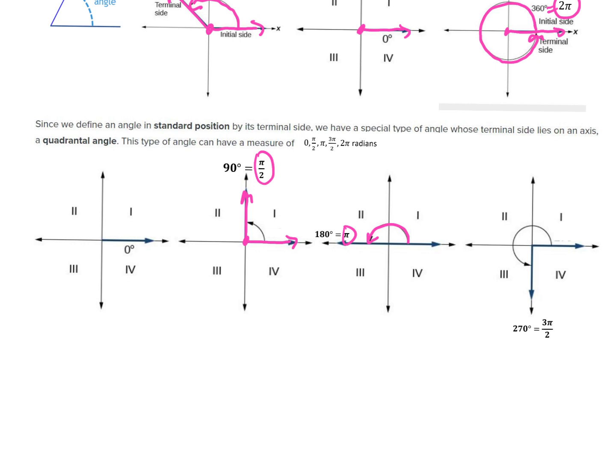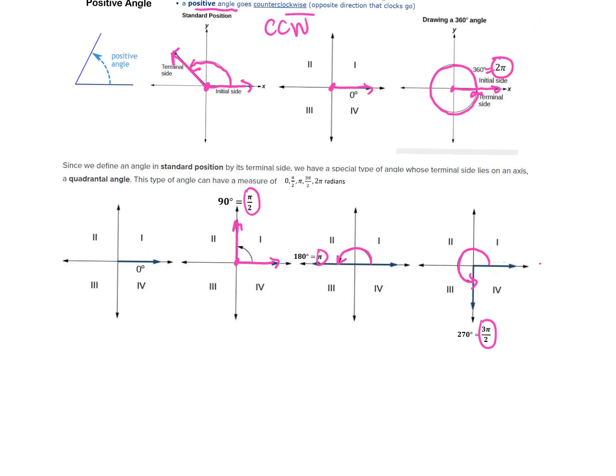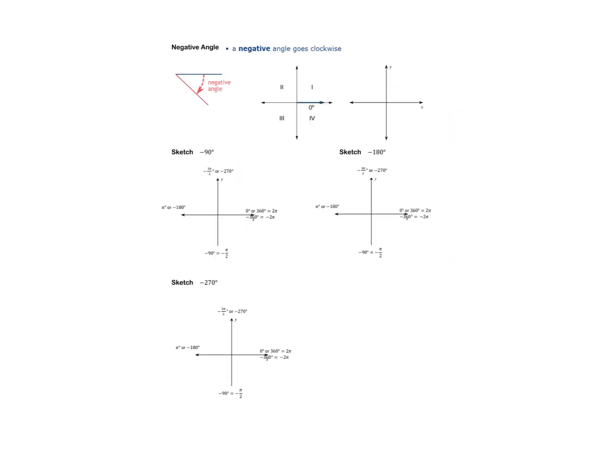And then 270 degrees, which is this one right here, is going to be 3 pi over 2. And then the whole circle, we already said it was 2 pi. So this is still the same. It just changes the measurement form, which in this case is going to be 2 pi for the whole circle.